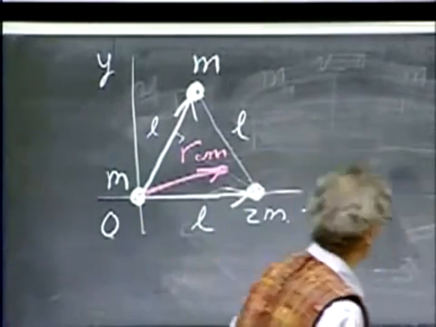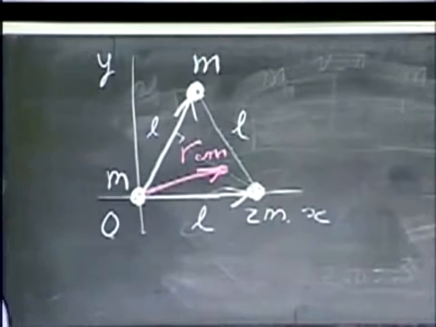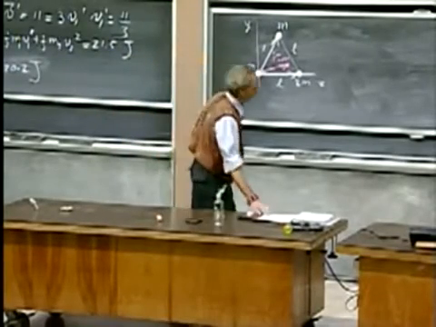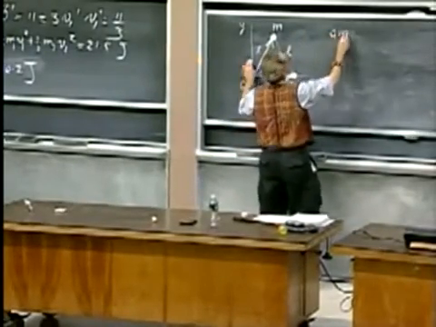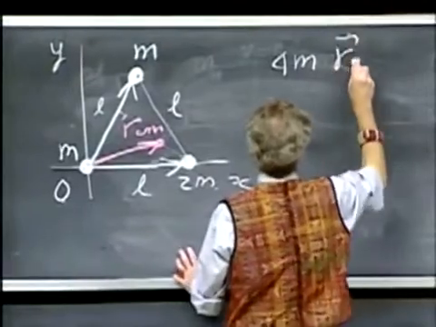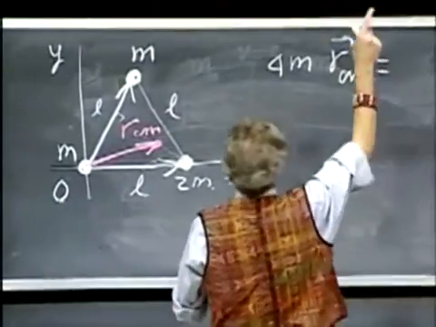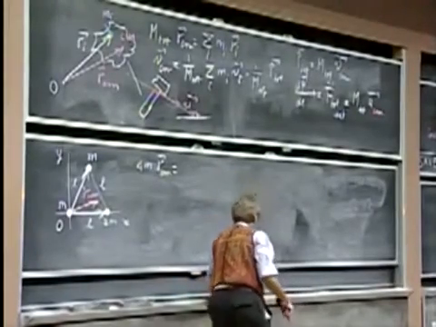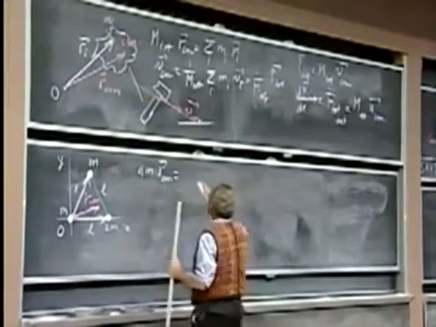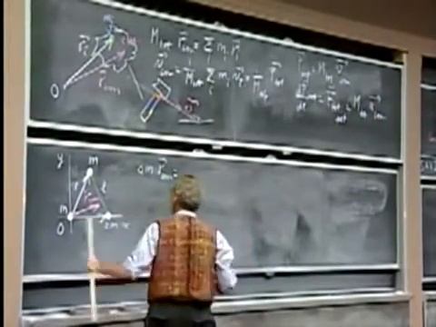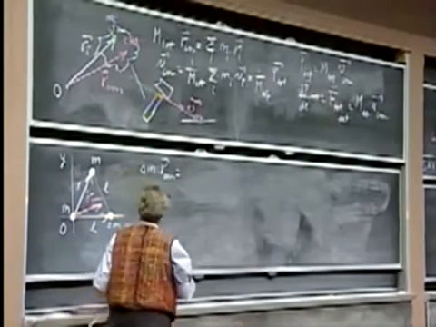And so now we can calculate the position of the center of mass as follows. We know that the total mass, which is 4m, times the position vector of the center of mass, I go all the way up there on the blackboard, that's my definition for a center of mass, equals the sum of the individual masses times their position vector.